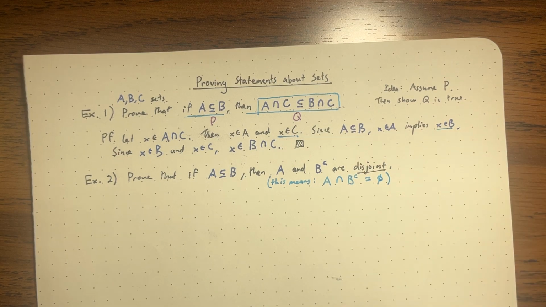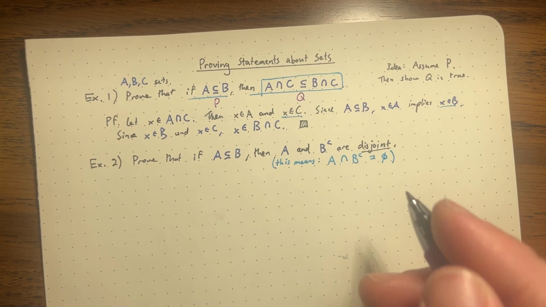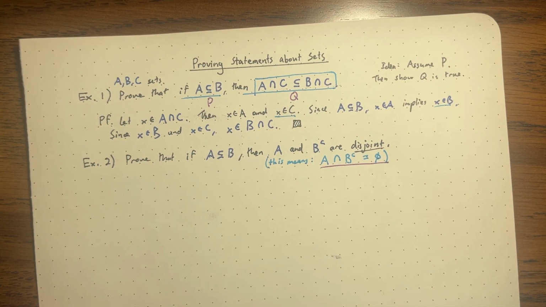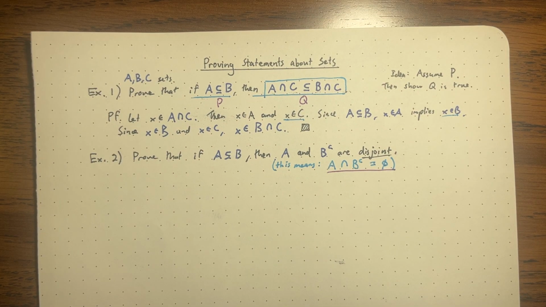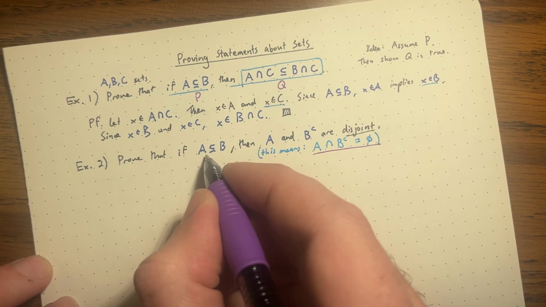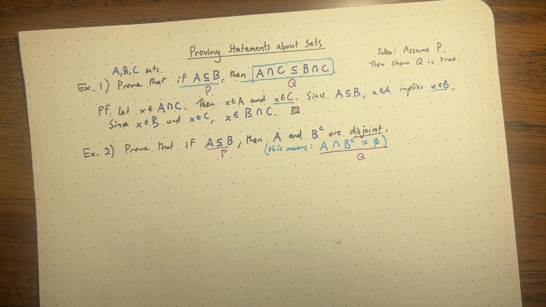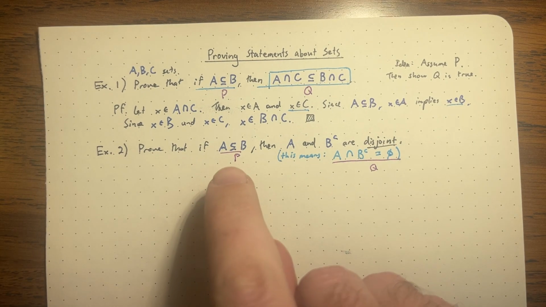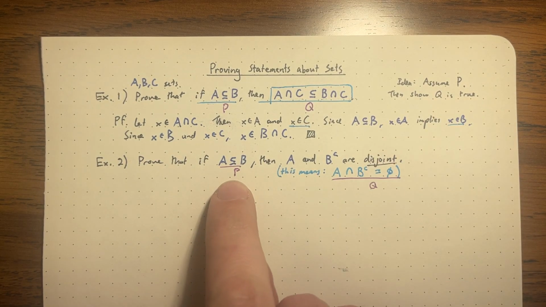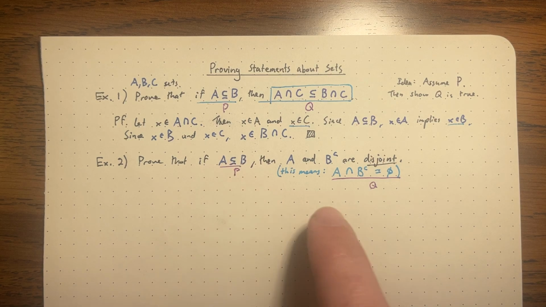That's what it means. So this is something tangible that we can try to prove. Okay, so again, we have if P then Q, right? How do we prove that? Well, we can do what we did before with the direct proof. So assume this, try to show that.